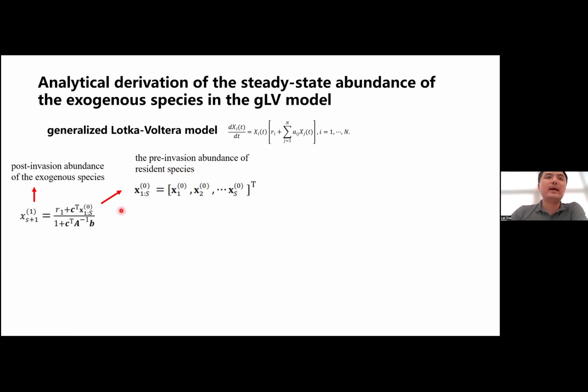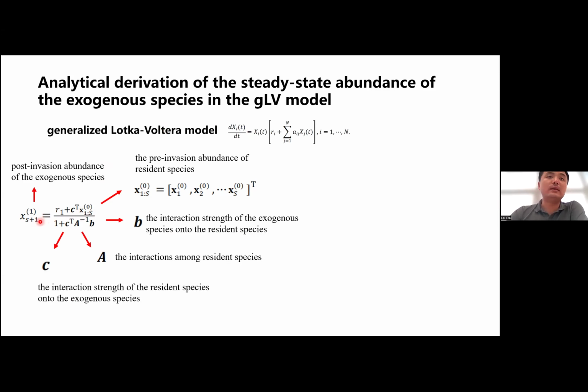For the exogenous species, which we call S+1, this new species, when it comes into a resident community, in the Lotka-Volterra model you can actually derive the post-invasion abundance, and it depends on these different parameters.